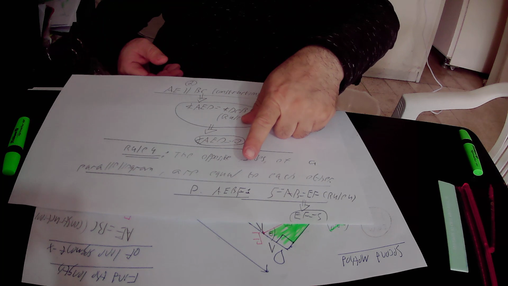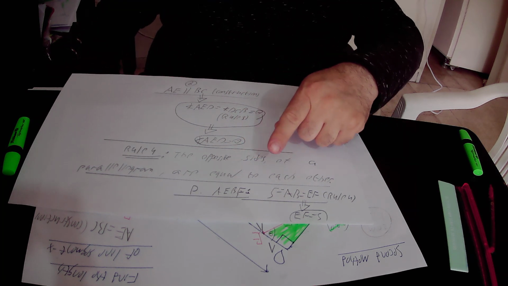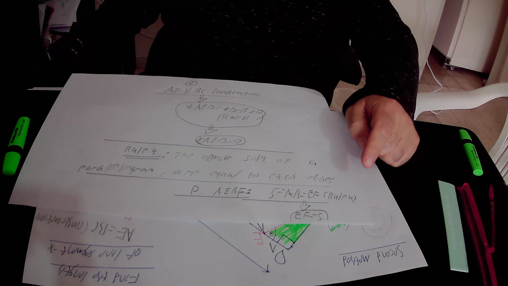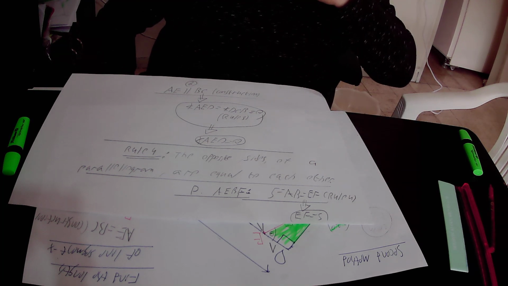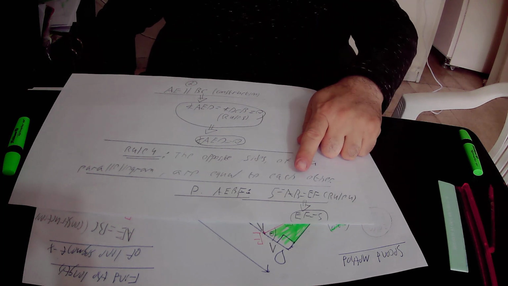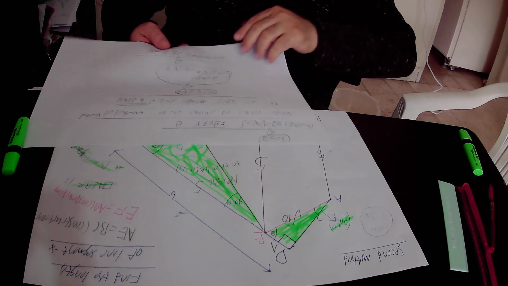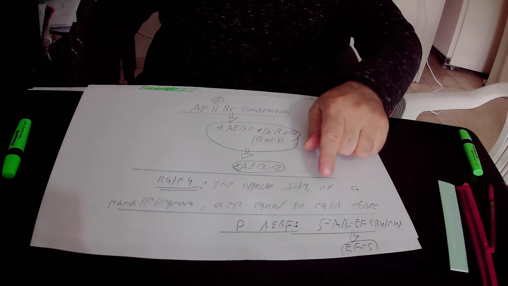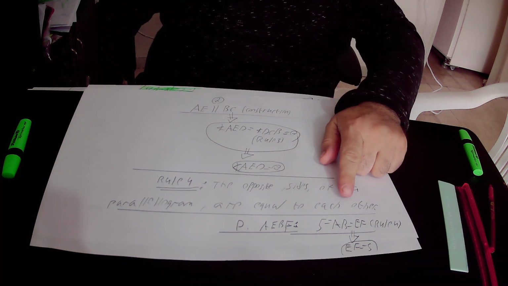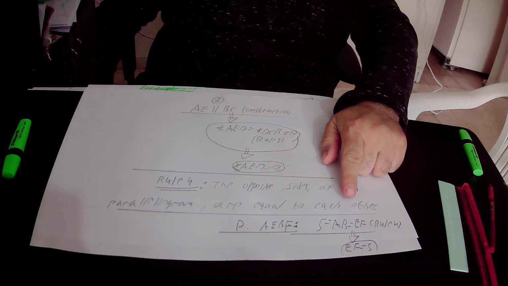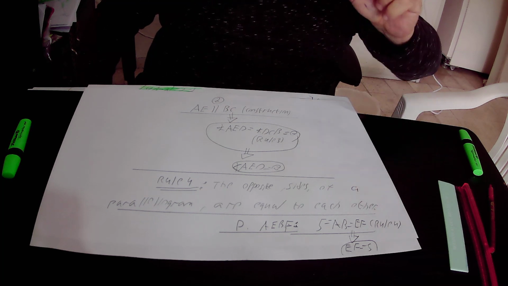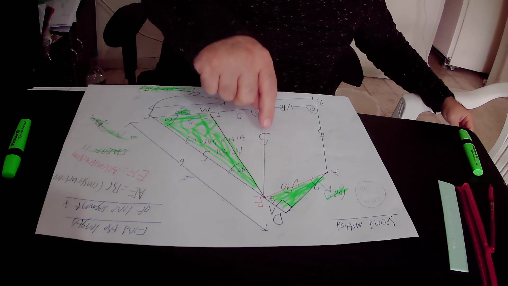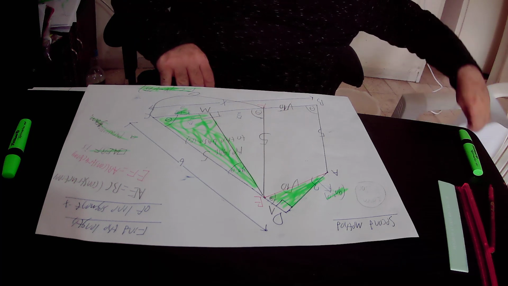In parallelogram AEBF, side AB equals side EF according to rule number 4, that the opposite sides of a parallelogram are equal to each other. Okay, but AB equals 5 units according to what is given in the question. So we can write here that AB equals 5 units, and from this equation 5 equals AB equals EF, we will derive that EF is also equal to 5 units. So here EF is also equal to 5 units. Okay?